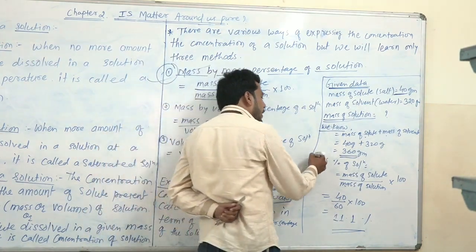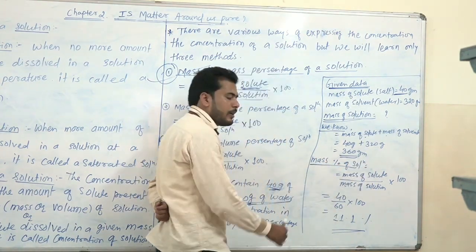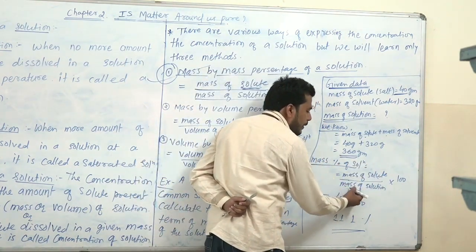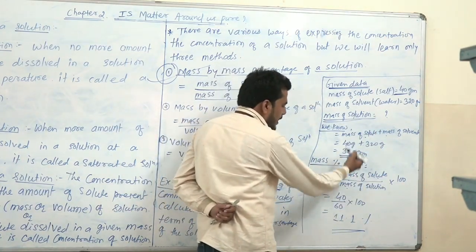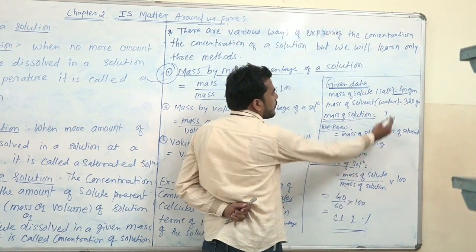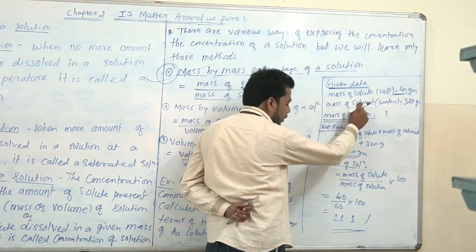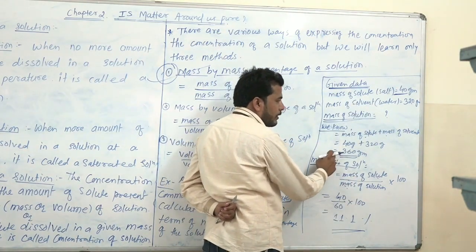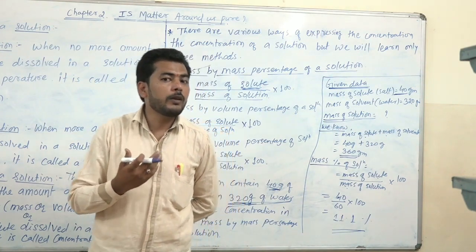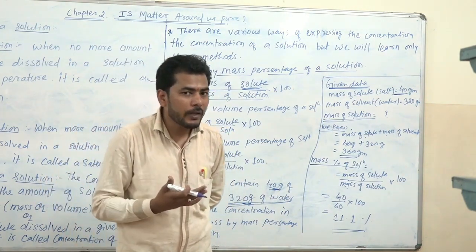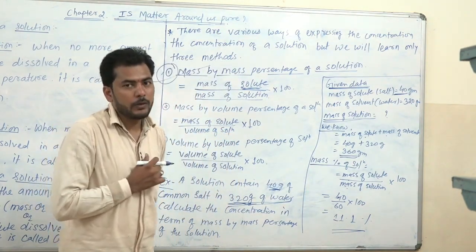And now we have the mass by mass formula, that is, mass percentage of solution is equal to mass of solute divided by mass of solution into 100. Mass of solute we have, that is 40 gram. With the help of mass of solvent we can calculate the mass of solution: mass of solvent plus mass of solute.